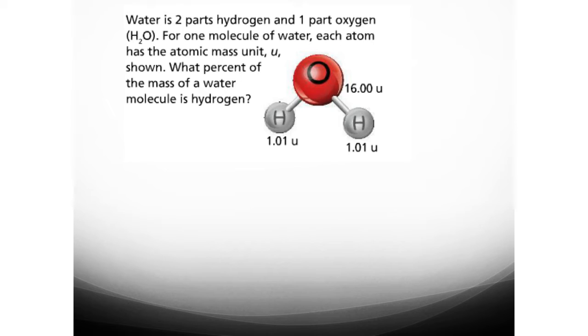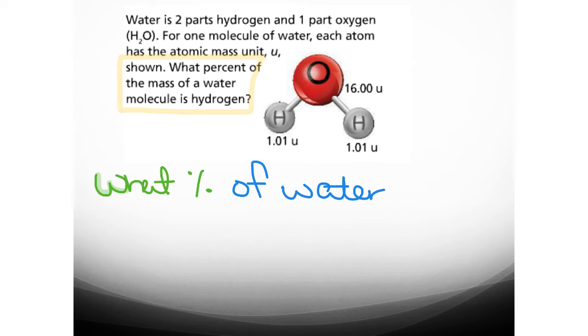Y'all, everything you need is sitting in this sentence right here. What percent of the mass of a water molecule is hydrogen? Do you see the "of" and the "is" here? If you don't, I'm fixing to write it for you. We've been asked: what percent of water is hydrogen?